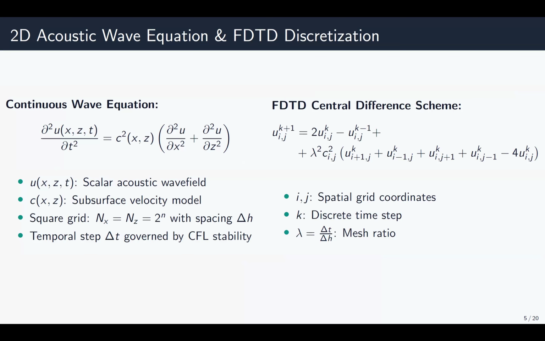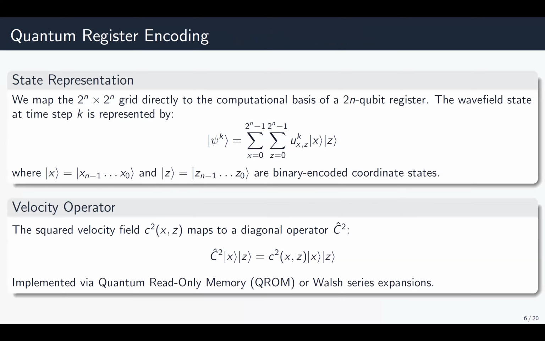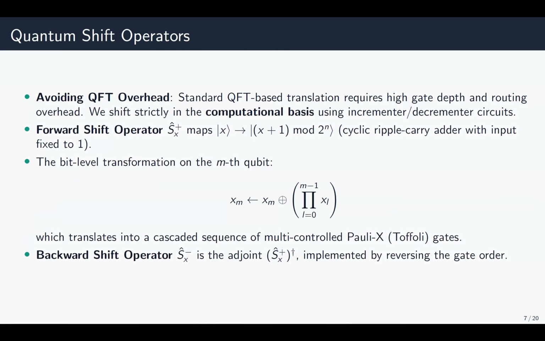So if you are on a grid at point ij, which is x and y, you need the left next, right next, upper, and lower, and you have to calculate this quantum mechanically. You have to implement this on this binary sequence, which is a modulo 2 to the n operation. And then there is an established theory for how to do this.